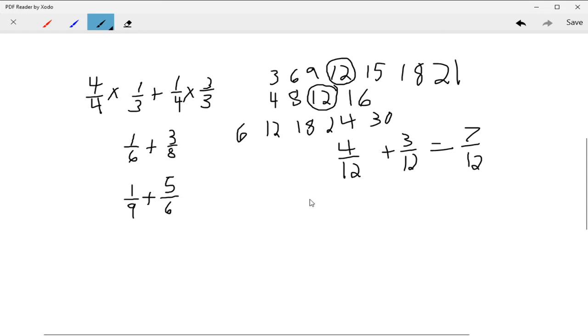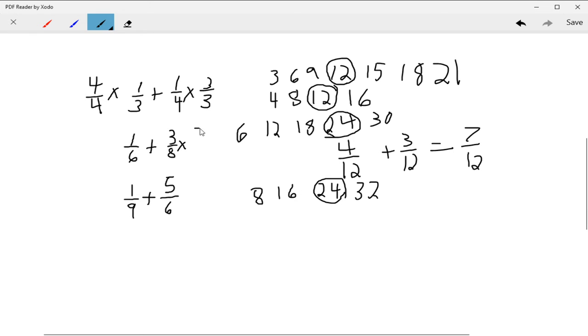And let's do the same with 8: 8, 16, 24, 32, and right here I realize that 24 is a common multiple.